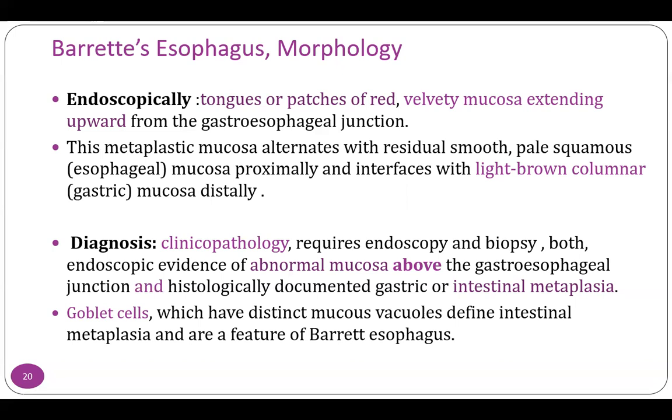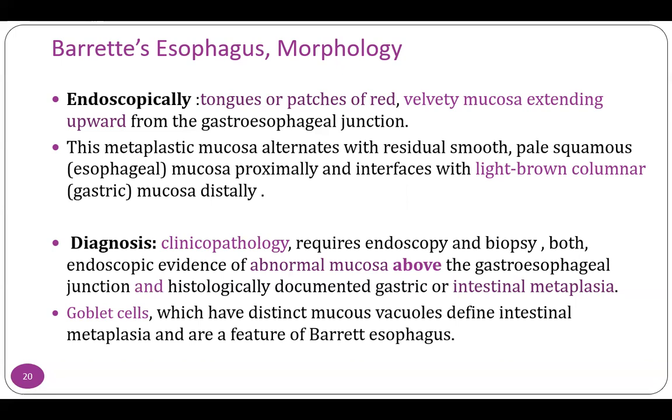We take biopsy including the red, brown areas that should represent the columnar epithelium and the adjacent squamous epithelium to confirm the presence of a columnar epithelium in this area. Then in the microscopy, if the result comes back with a columnar mucosa with goblet cells, then the diagnosis is Barrett esophagus.